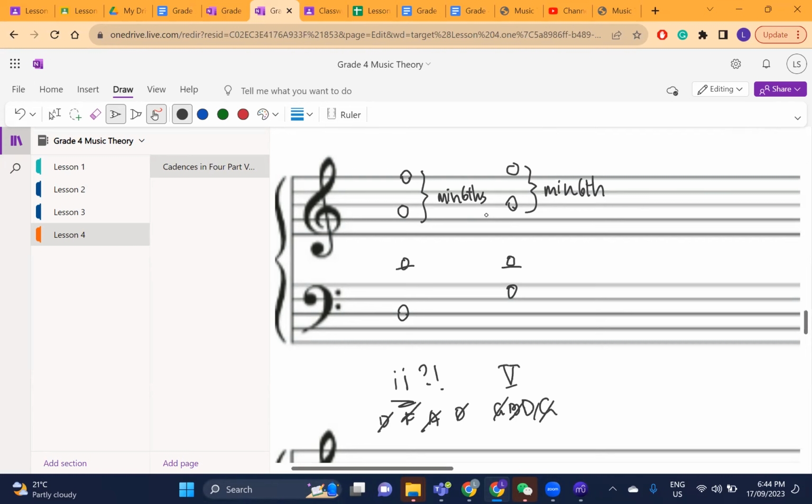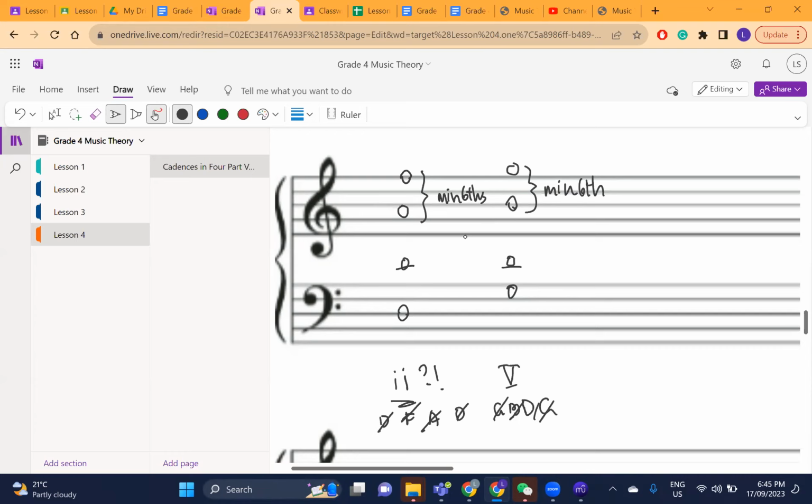It's still an imperfect cadence. Now, it still sounds like a couple of the other imperfect cadences that we've already learned, like 1 to 5 or 4 to 5.